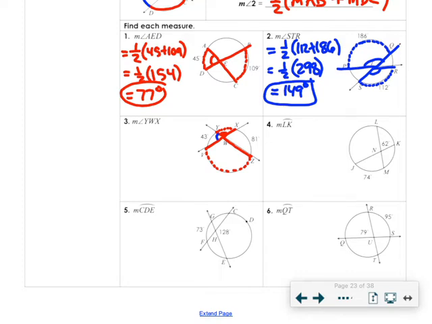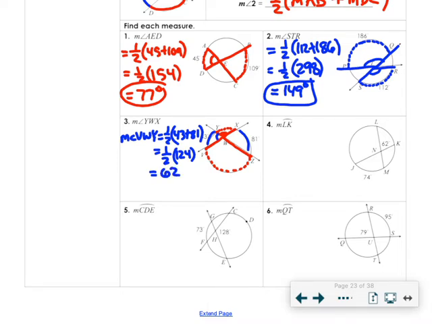So the first thing I'm going to get is the measure of angle, let's call that one VWY, the blue one. That's 1/2 of the two arcs added together. So that would be 43 and 81. So 43 plus 81. Okay, so that's 1/2 of 124, which is 62.